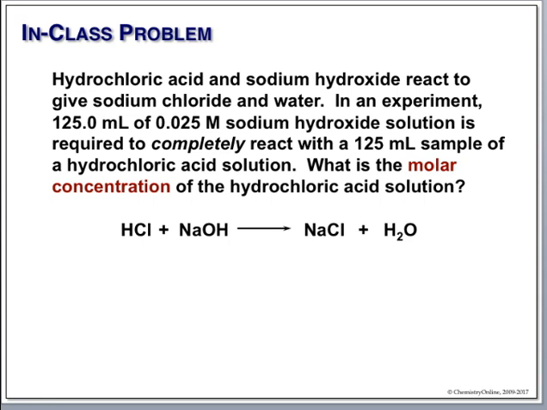When we mix these two together to get a totally neutral solution, we find that it takes 125 mils to do it. The question in a titration is, what is the molar concentration of our hydrochloric acid solution?